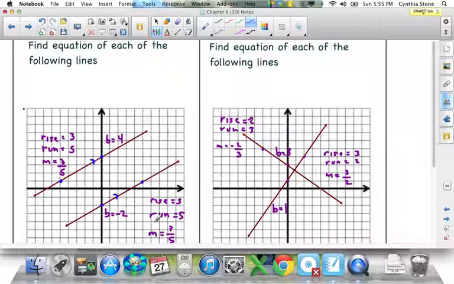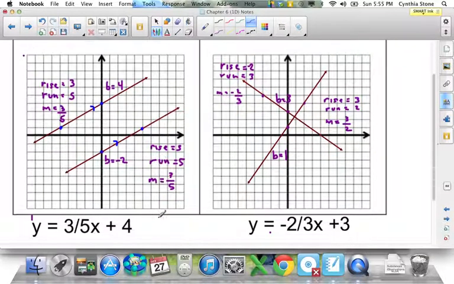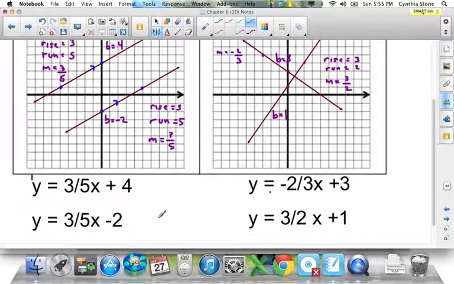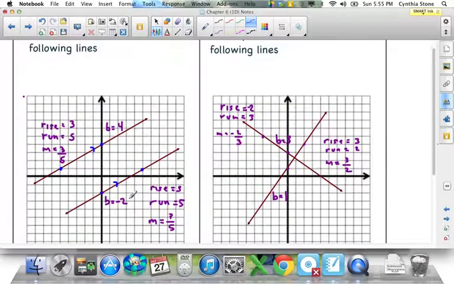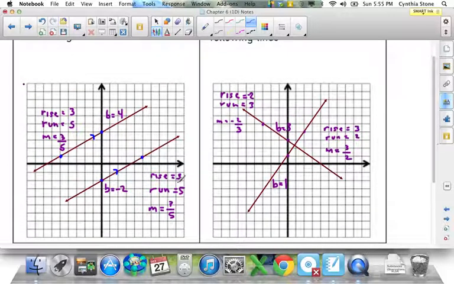So slope is 3 over 5. Looking at the equations for the two lines, they're both the same m, but they have different y-intercepts.